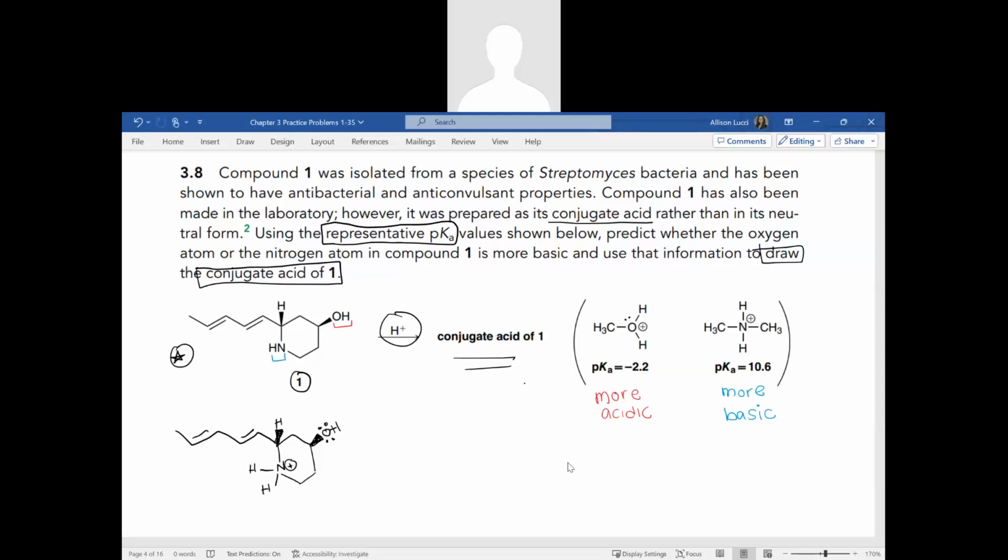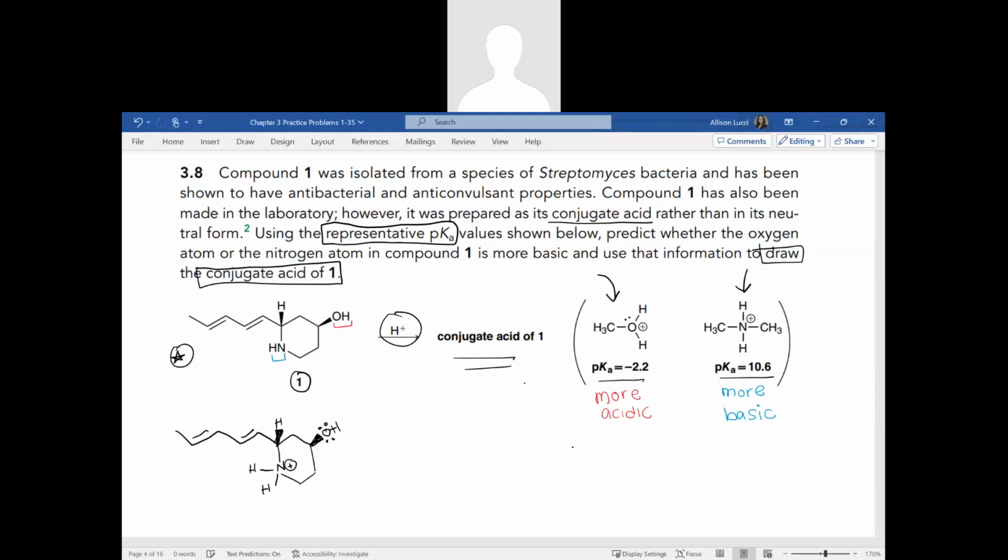So let's look at these pKa values. So we see over here that the oxygen atom, if that were to be protonated, it would look something like this. And that would have a pKa around negative 2.2. And then we compare that to a protonated nitrogen atom over here.